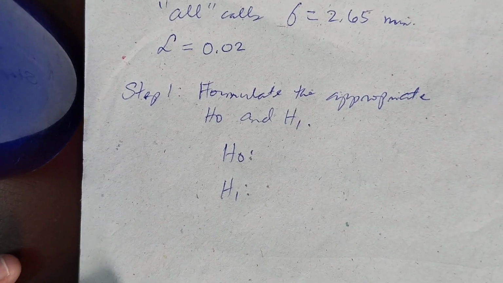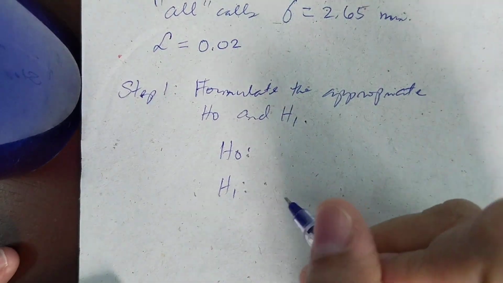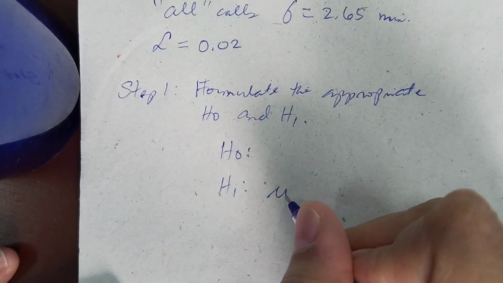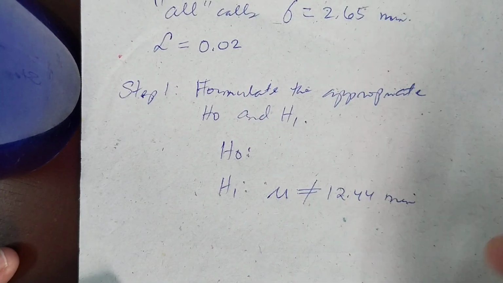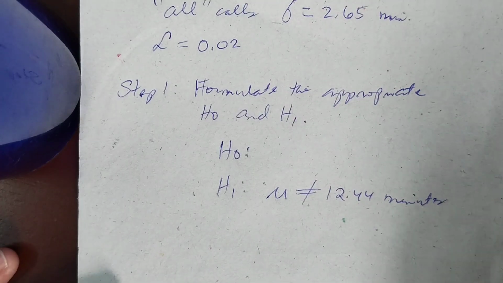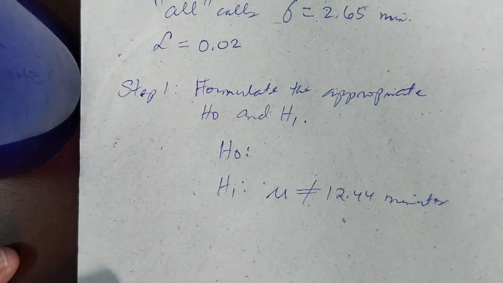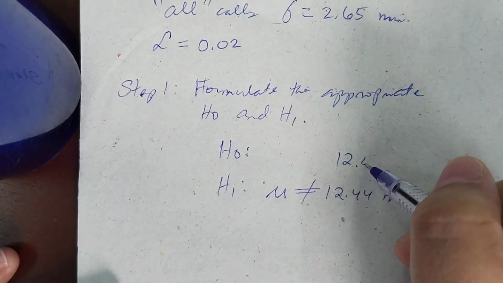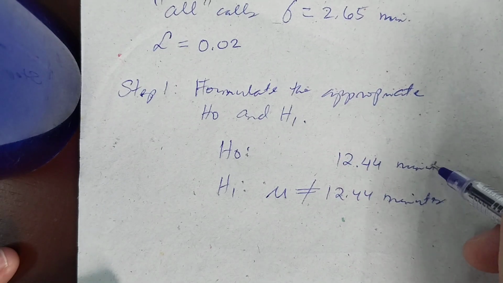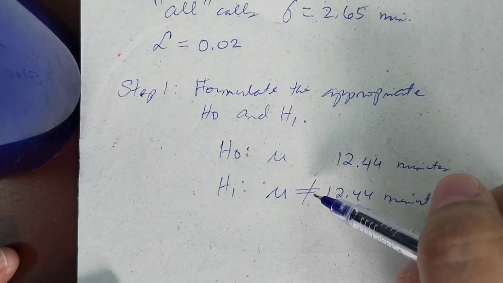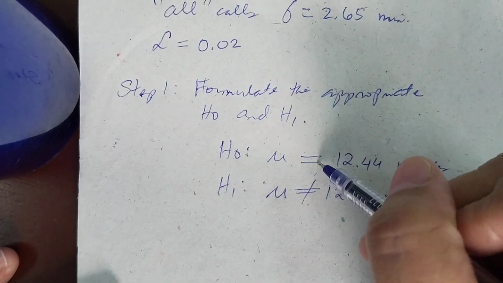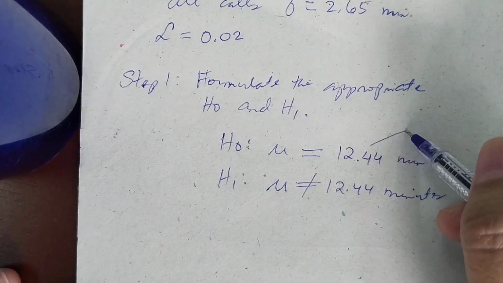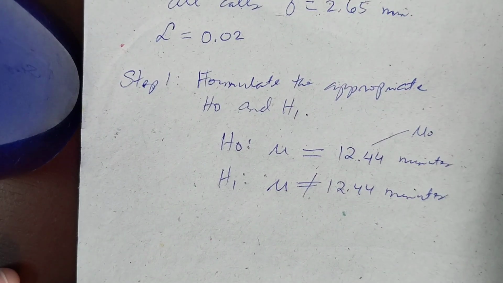What is mentioned in the problem is usually the H1. So, the mean is different from, meaning it's not 12.44 minutes. The corresponding H0 is the same 12.44 minutes, and only the complement, the opposite, it's equal. This is our hypothesized value mu sub 0.